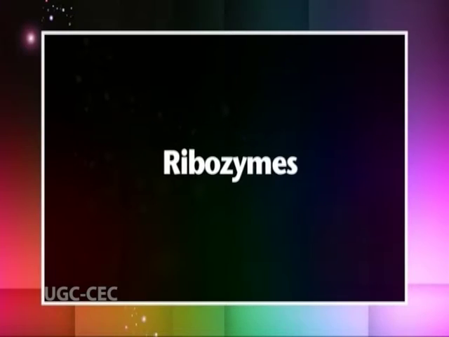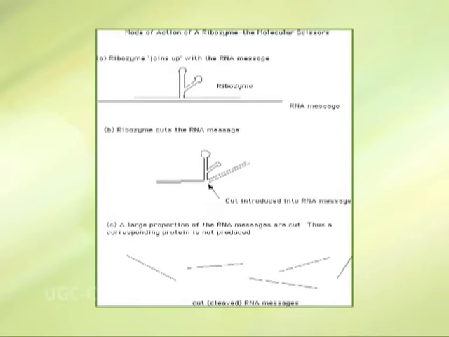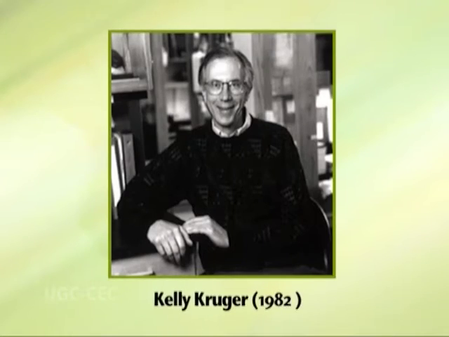At last, now let's talk about ribozymes. A ribozyme is an RNA enzyme that catalyzes a chemical reaction. The term ribozyme was first introduced by Kelly Kruger and co-workers in 1982. The ribozyme catalyzes specific reactions in a similar way to that of protein enzymes.